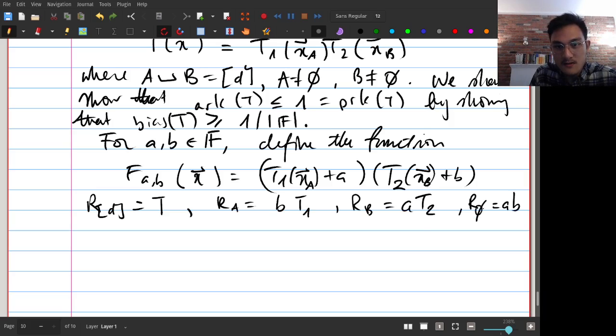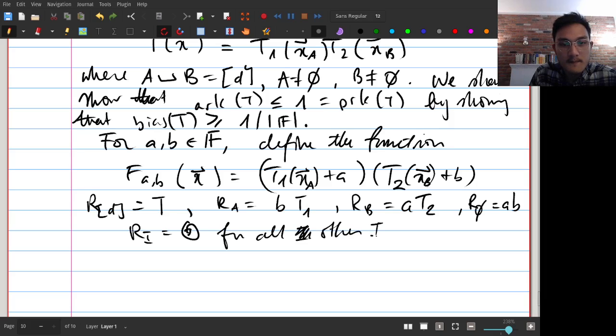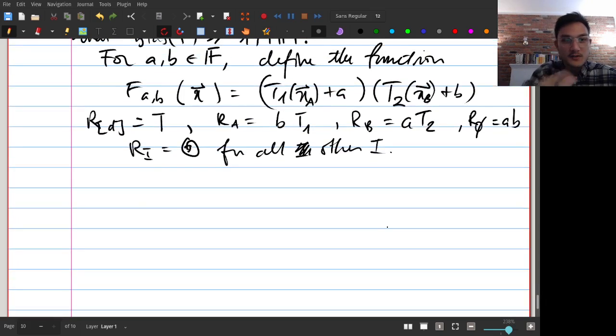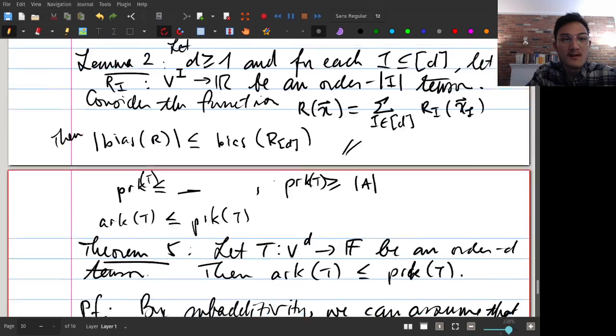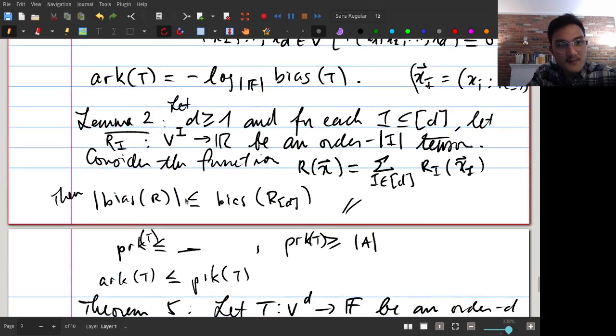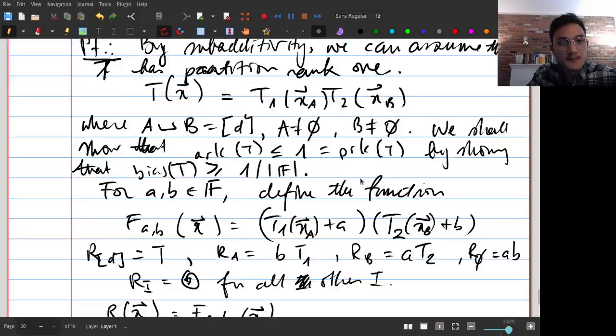And so those are all 4 terms, and then R_I is equal to zero, the zero tensor, for all other I. Okay, and so if we do that, then we see that R of x is equal to f_ab of x, where R is in the language of lemma 2 here.